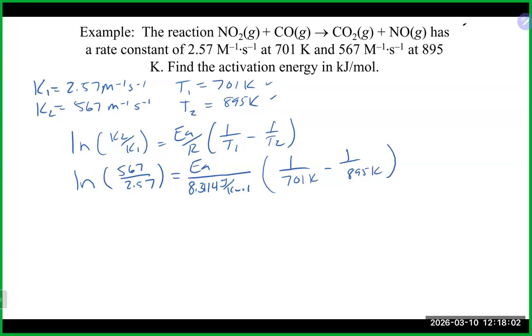All right, so let's clean up the left-hand side and this as well. On the left-hand side, remember you want to divide the two numbers first and then take the natural log of it.